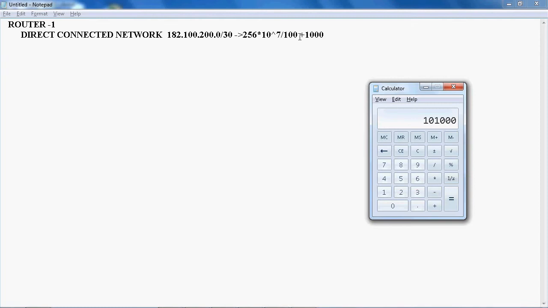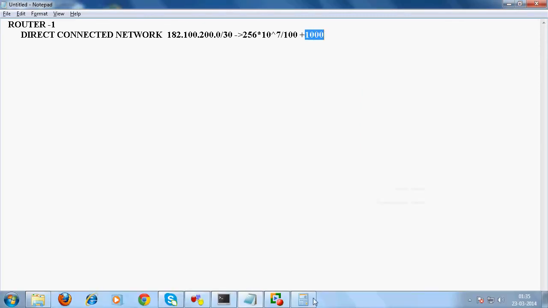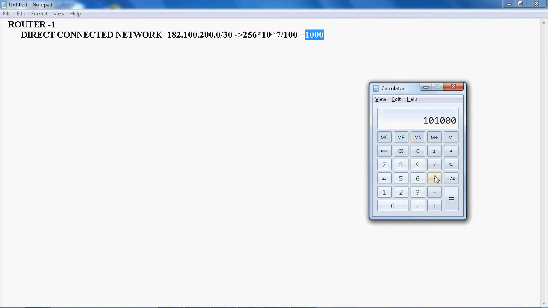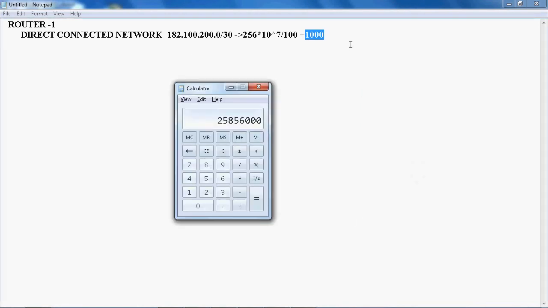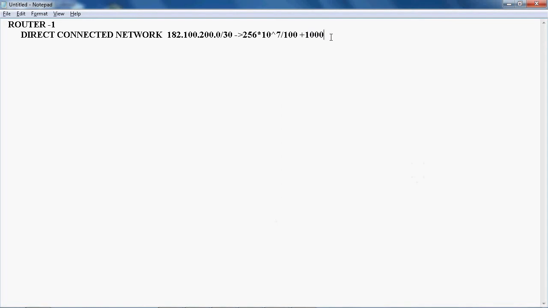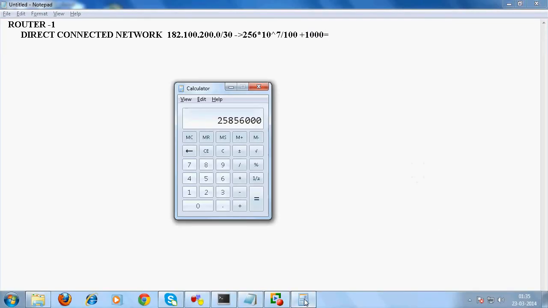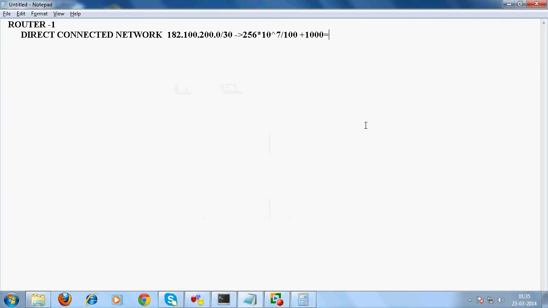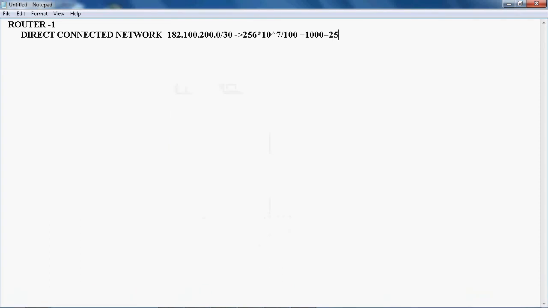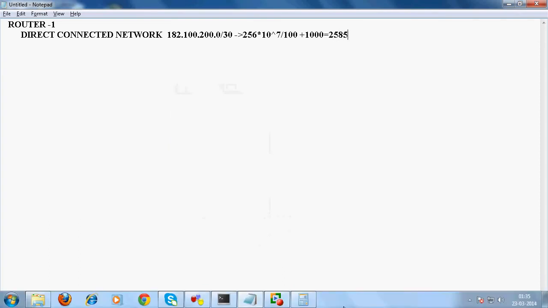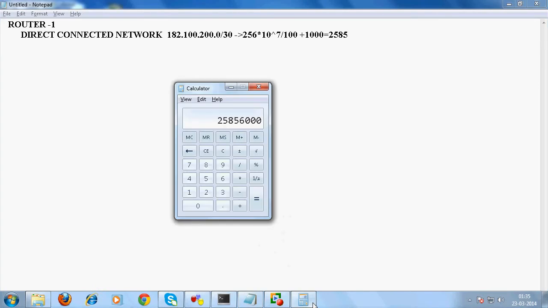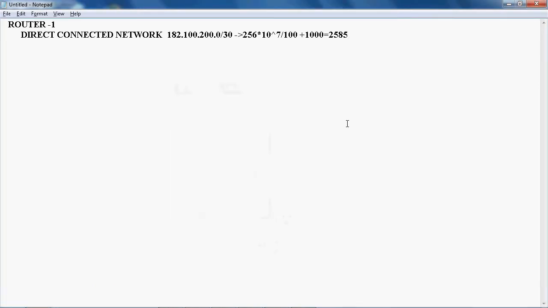Now we get that value, and we add the delay value also, that is 1000. So in total we get 256 times that, equal to the metric value for the directly connected network of R1. The value is 25856000.